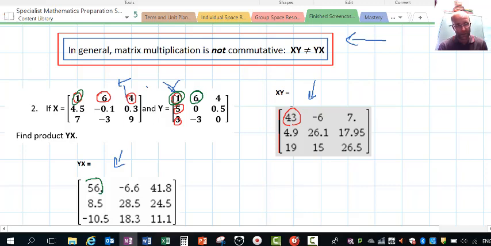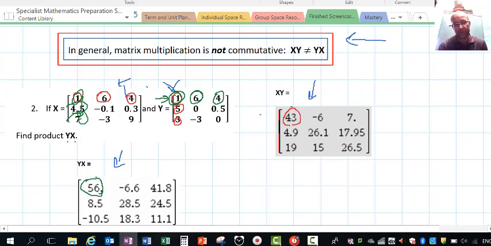Across, the order is important because we always go across the row of the first matrix and down the first column in the first instance, don't we, of the second matrix, and y is first and x is second in that order. So 1 by 1 plus 6 by 5 plus 4 times 7, and you get 56.